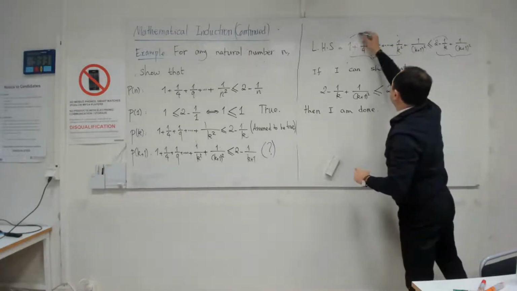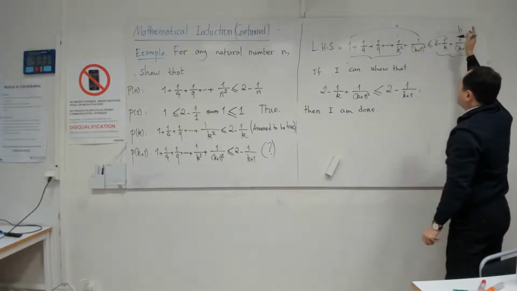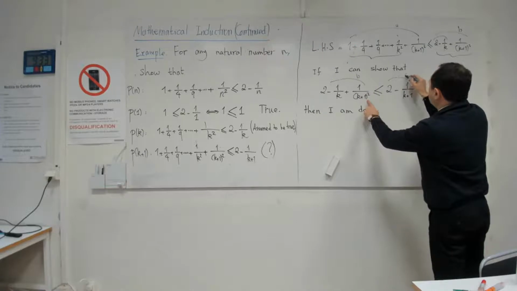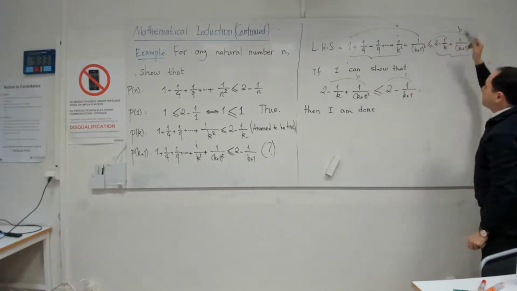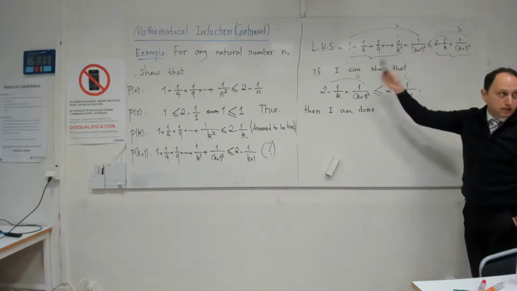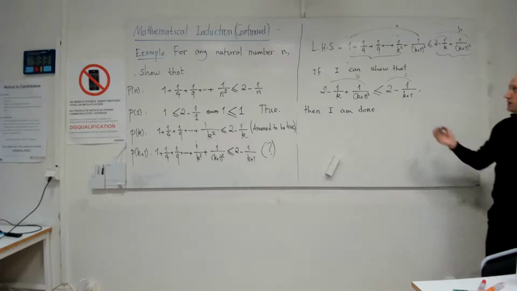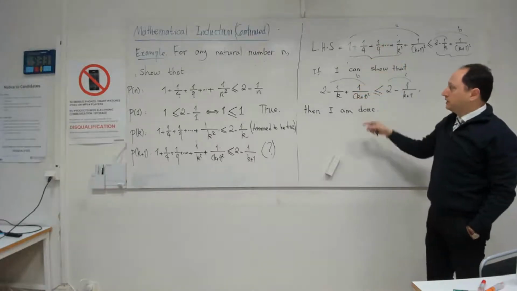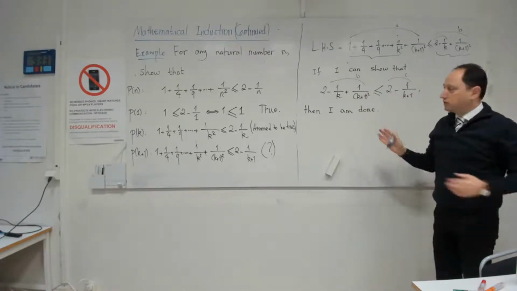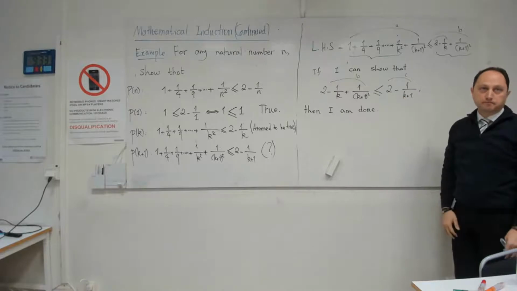If I call this one A, and this one B, and I show that B is less than or equal to C, with A less than or equal to B, from these two I can conclude that A is less than or equal to C, and then I am done. So this means that I reduce the problem to an algebraic problem. So forget about induction anymore, because I just want to focus my energy to prove this inequality.